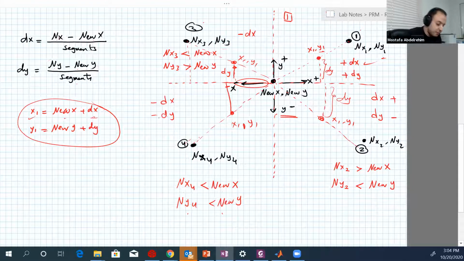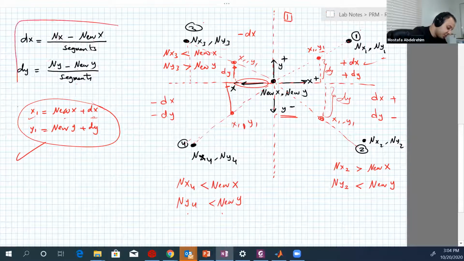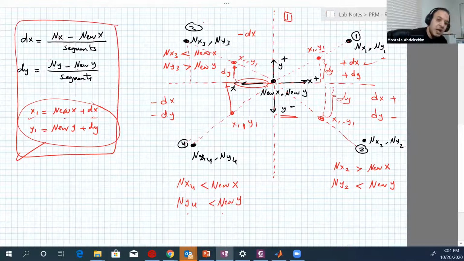The conclusion is you can take these four equations and apply them whatever the location of the point is.